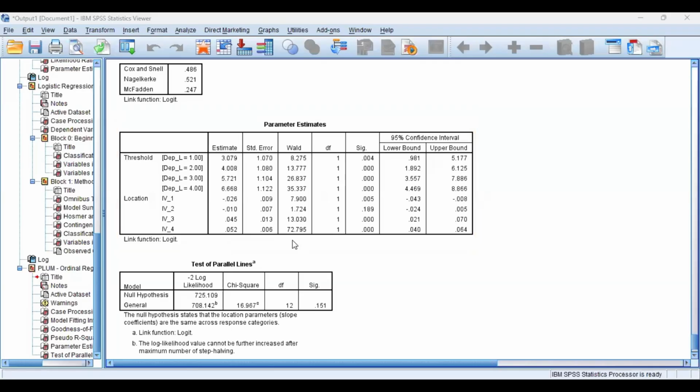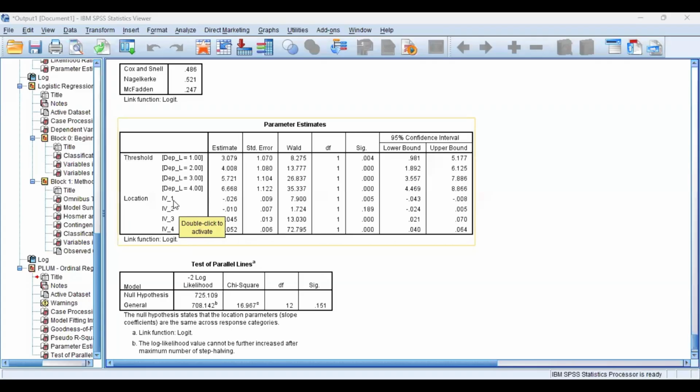And that is the only different interpretation that we have compared to binary, because it's more than one category. It just shows that there is a higher possibility that our participant can have elevated levels of depression if you have higher levels of IV3.